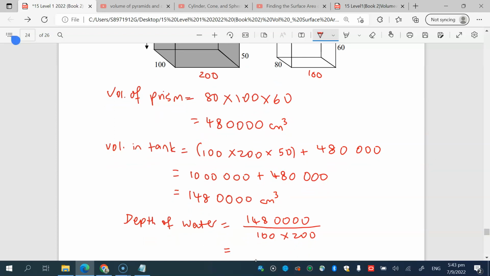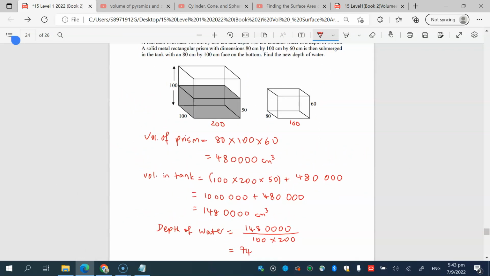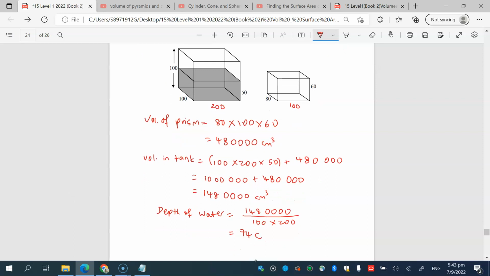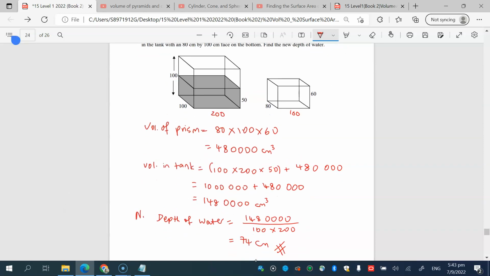So the answer will be 74. Okay, so the new depth of water will be 74 cm. Initially was 50, right? Then it becomes 74 cm. Call this the new depth of water, 74 cm.